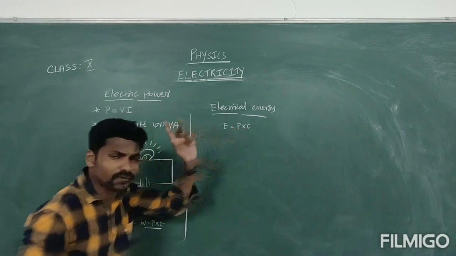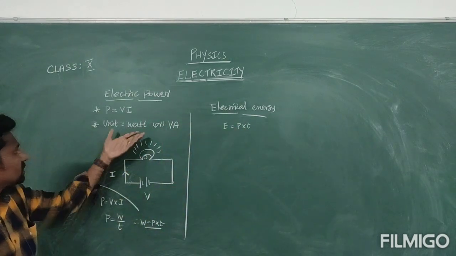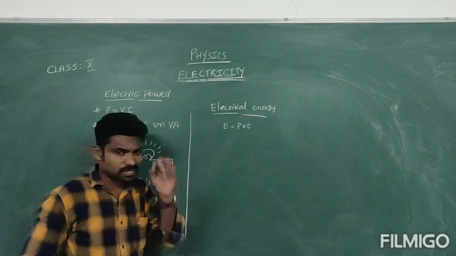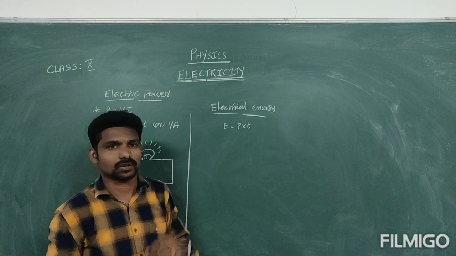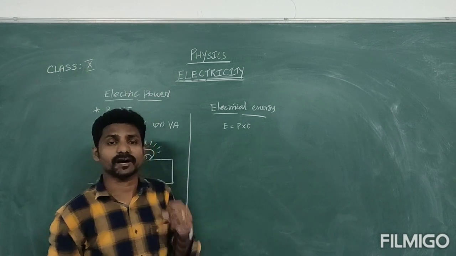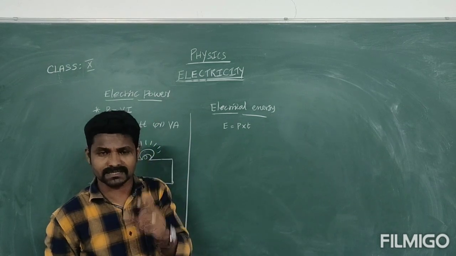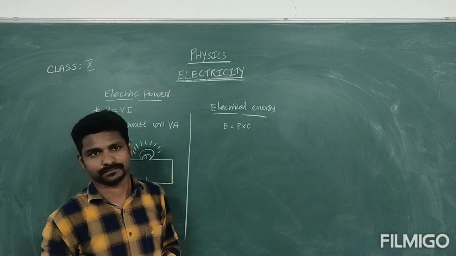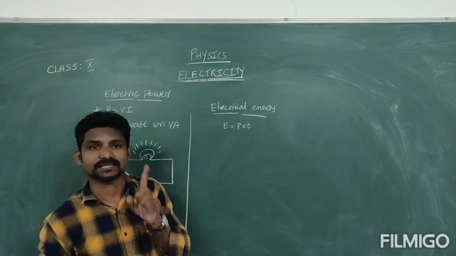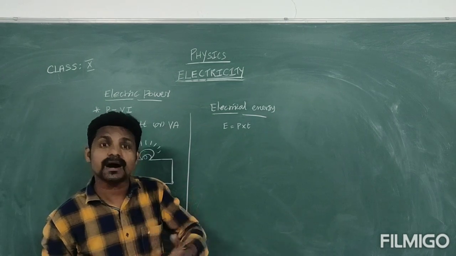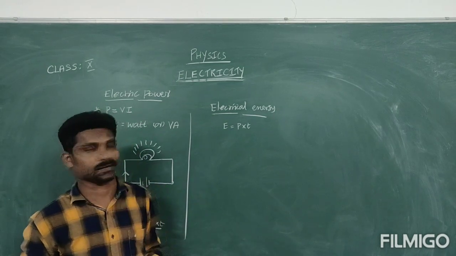But you know what is the unit for power? Watt. Actually, the watt is a very small value. So for commercial purposes, we use kilowatt, and time is not in seconds, we take it as hours. So kilowatt hour.